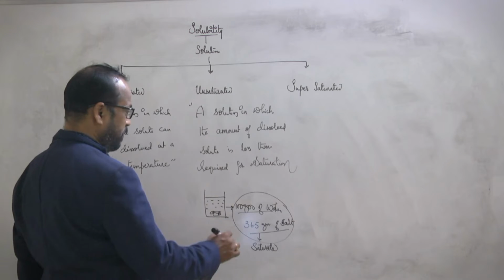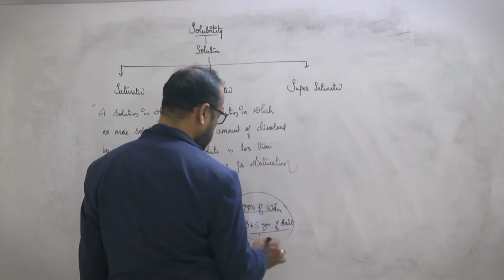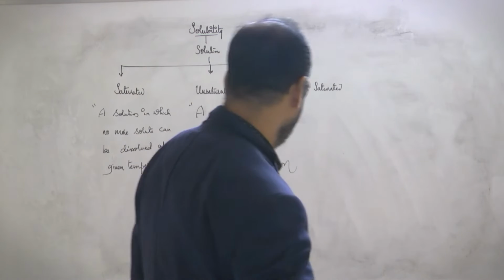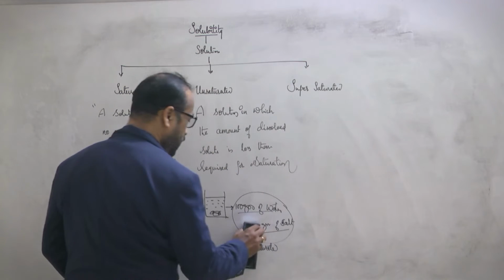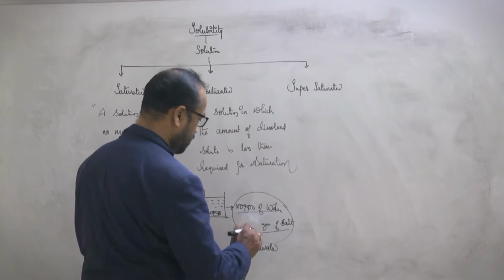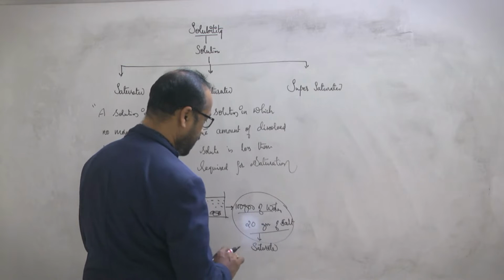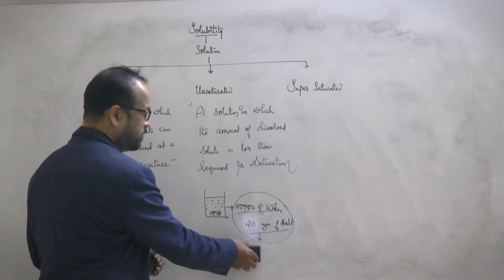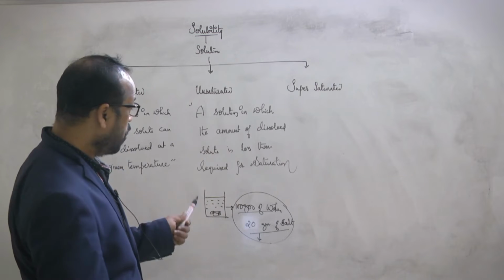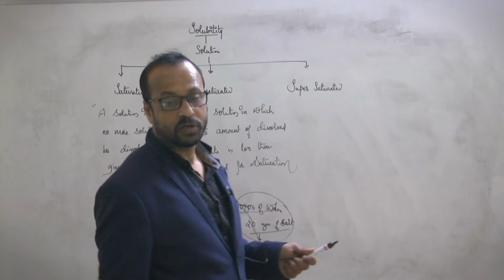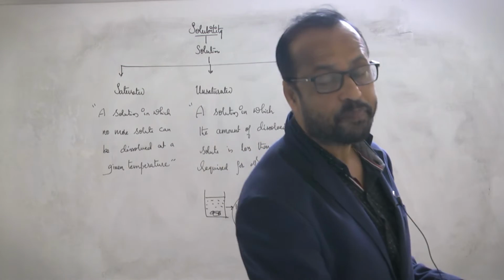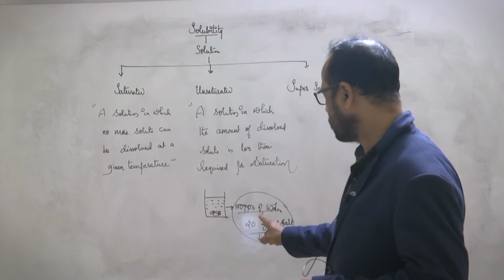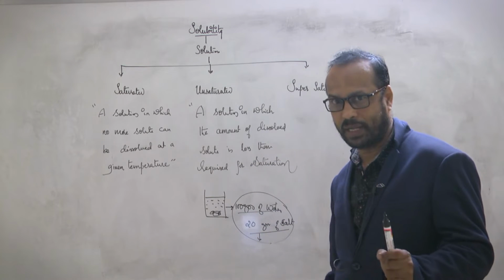Means, for example, I am taking 100 grams of water. In that, for example, if I add only 20 grams of salt. What is the capacity of water to dissolve salt? 36.5 grams. But how much salt is there now inside? 20.